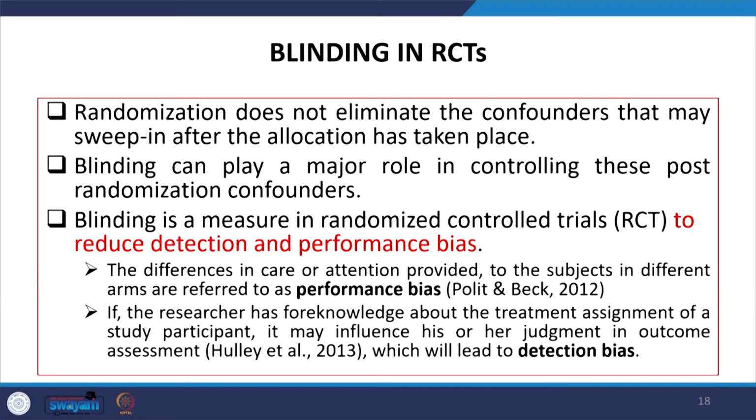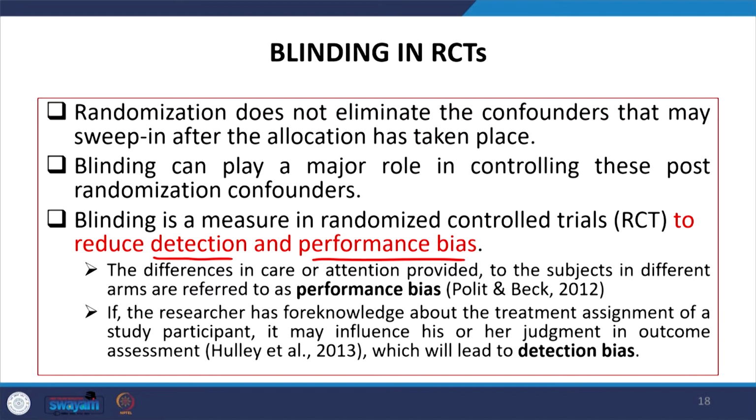Blinding is a measure in RCTs to reduce detection and performance bias. The differences in care or attention provided to the subjects in different arms are referred to as performance bias.